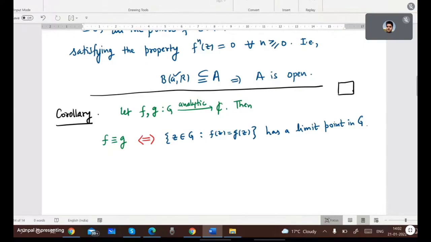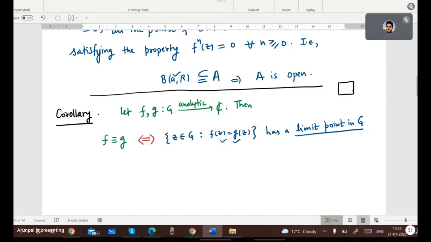Actually, we are having a criterion for the equality of two analytic functions. The two functions are identically equal if and only if the set at which both of them are equal has a limit point in G.